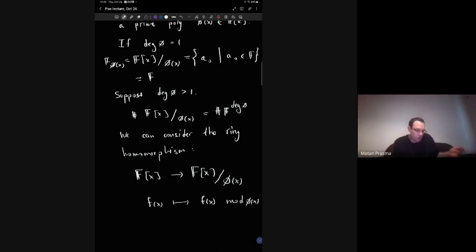And we talked about it last time, that this is indeed a ring homomorphism, because if you do f times g, it would be sent to f times g modulo phi, but it is equal, in fact, to f modulo phi times g modulo phi.